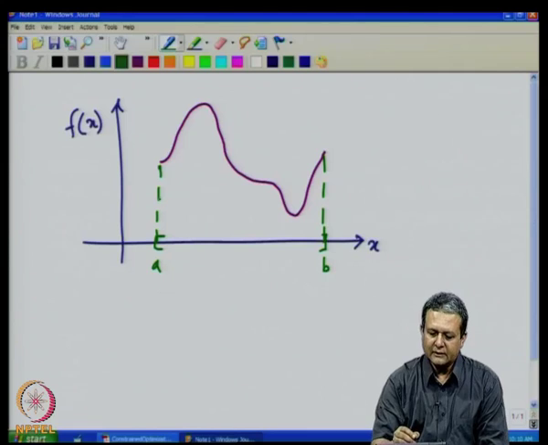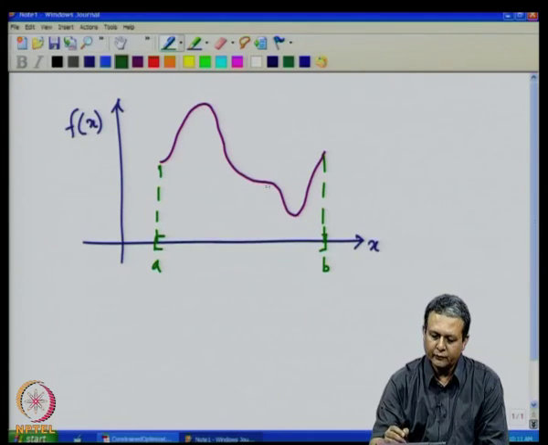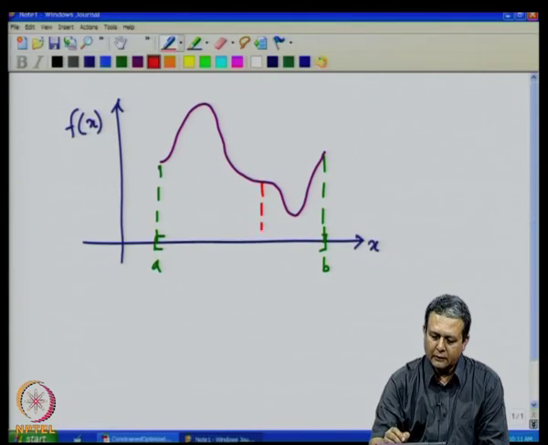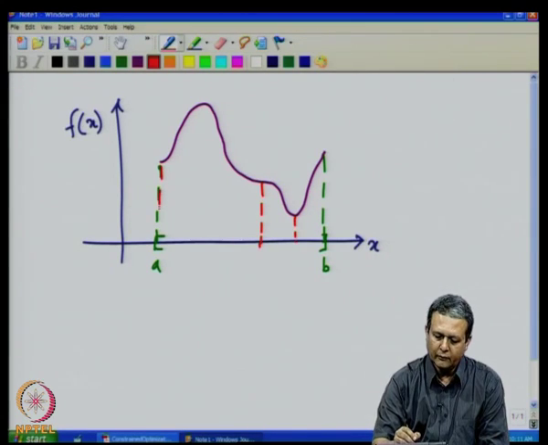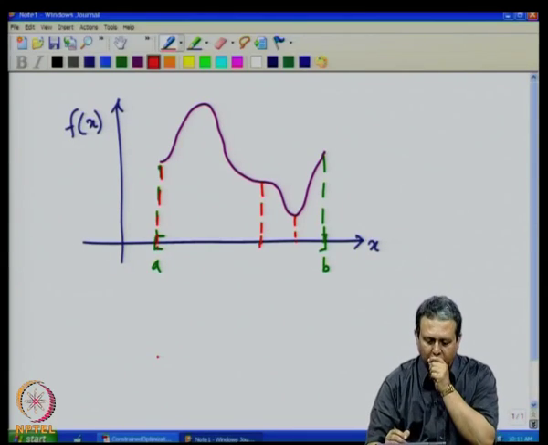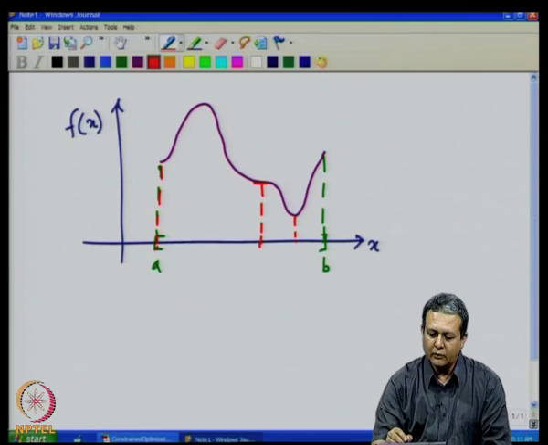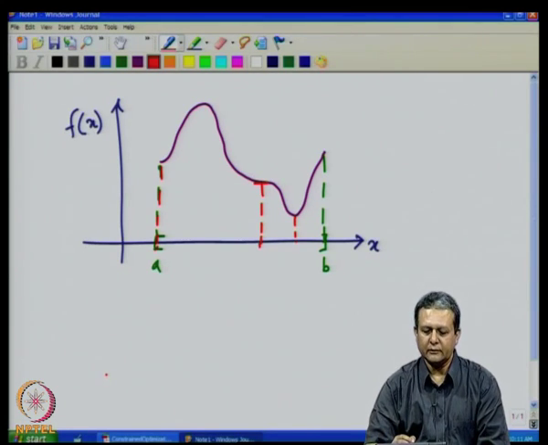We saw in the last class that this point A is a local minimum, then this point is also a local minimum, and this point is also a local minimum in addition to the point A. So, we saw that these are local minima, and this point is a strict local minimum, while this point is not a strict local minimum, because in the neighborhood the function is constant.